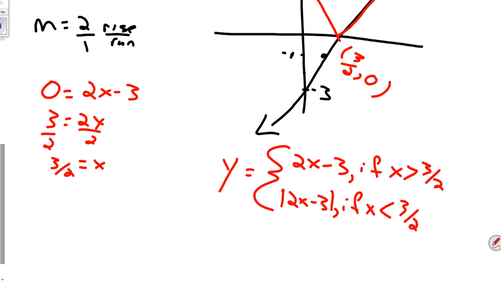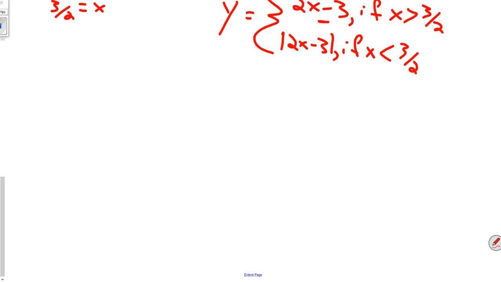So if x is greater than 3 over 2, so this part here, you would use the regular function. And then if it's less than, you would use the absolute. But if you guys haven't seen it, I'll have to double check her assessment here, but I don't think she had it on there. Yeah, that's all it's saying.